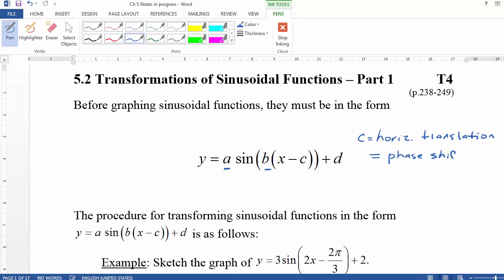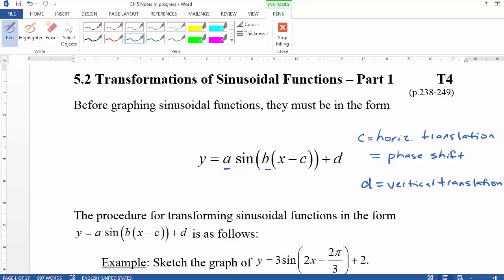So we'll investigate that in just a second using desmos.com, and D is going to be our vertical translation. So that will be the up and down. And it works just like you're used to from your other transformations that we've studied earlier this term.